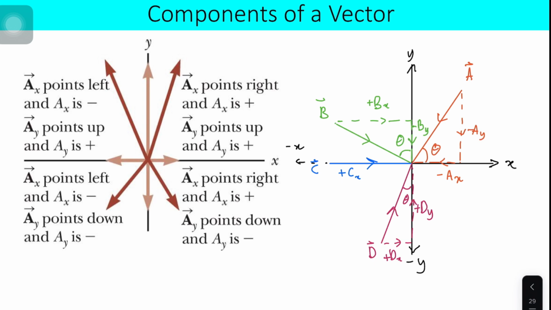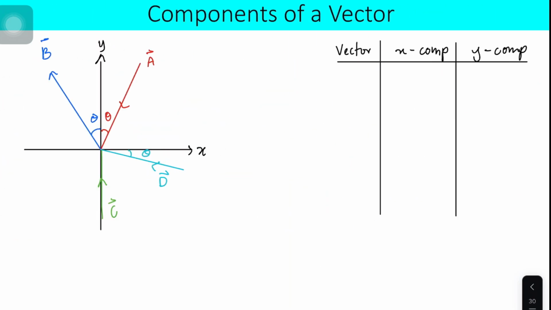Hopefully you are all clear about why some components have a negative sign and why some have a positive sign. Do not be tricked by the quadrant. Please double check the direction of your vectors.